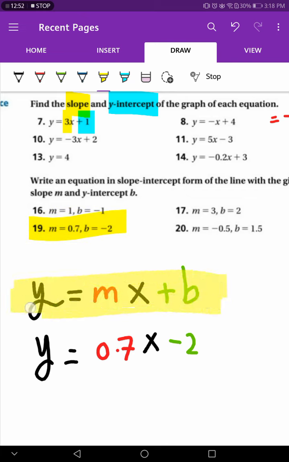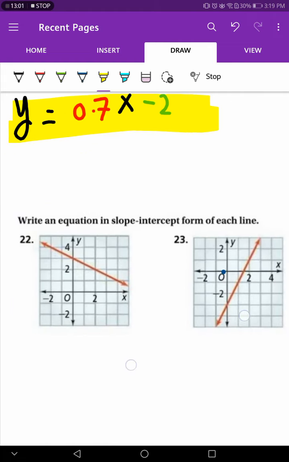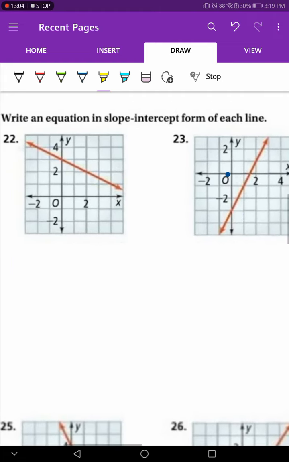This is the general form for slope-intercept form, and you see what I did here.